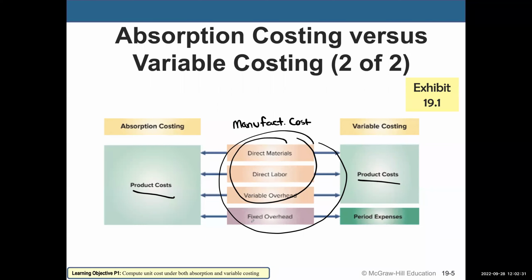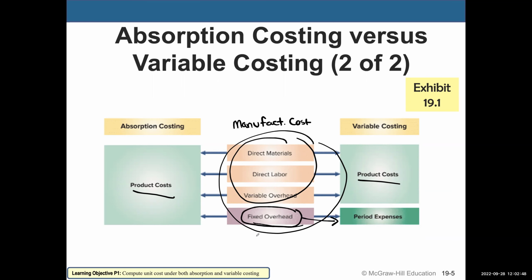The question is, what about our fixed overhead? Remember, costs are either product costs or period costs or period expenses. So in variable costing, when fixed overhead is not a product cost, that means it's a period expense.